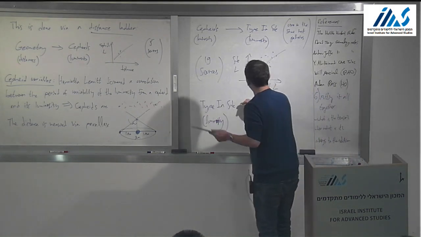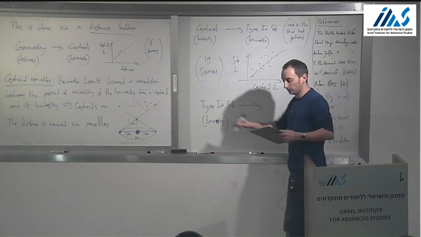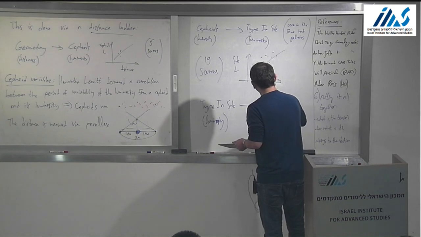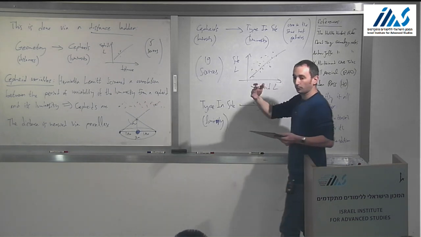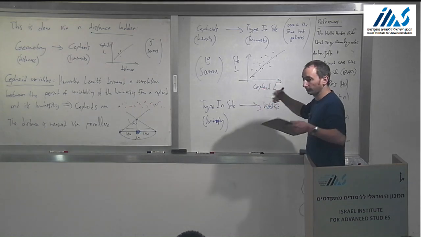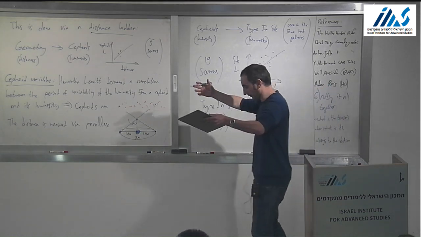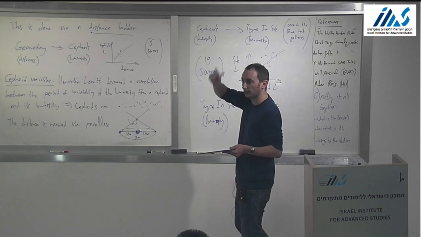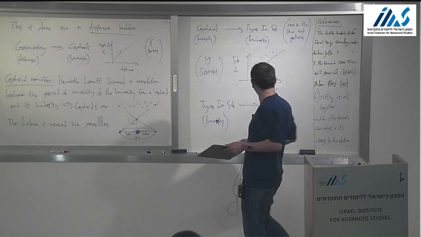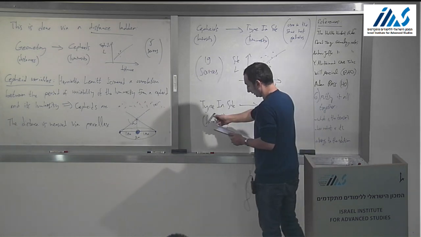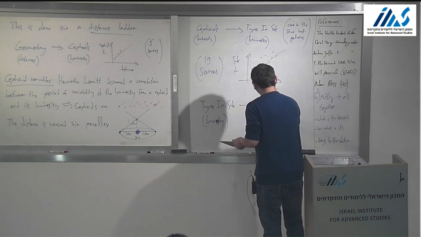So now, we tie the measurements of the luminosities of type 1a supernovae to the redshift. We can measure the redshift by looking at absorption lines in the supernovae, and from the redshift of these absorption lines, we can find the redshift of the supernovae.